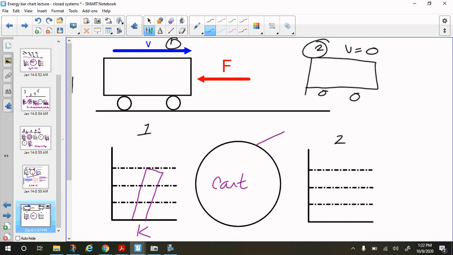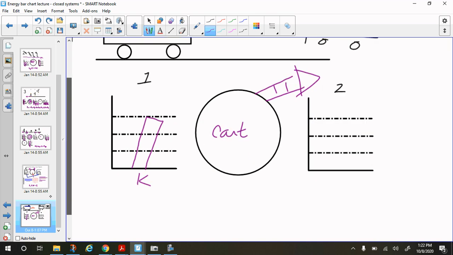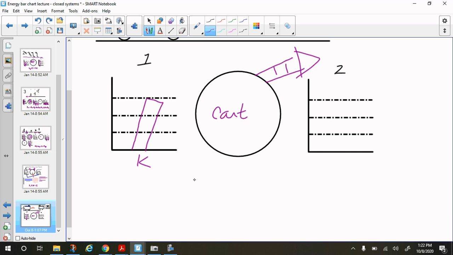And so I must have energy leaving my system, and there must be 3 blocks leaving. So I have 3 minus 3 equals 0. So I get kinetic energy minus the work equals 0. You could also always add the work and then just plug in a negative value. Either way is fine. So that's how you would do that.